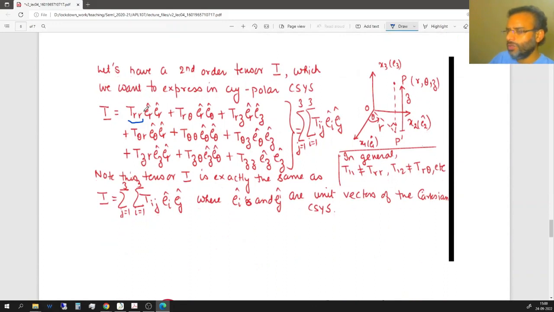Now let's talk about a second order tensor. If I intend to express a second order tensor in cylindrical polar coordinate system, how will it look? Recall that when we were using a Cartesian coordinate system for our expression of a second order tensor, we constructed dyads with E1, E2 and E3, and then we had coefficients Tij, and we summed that over the full range of i and j.